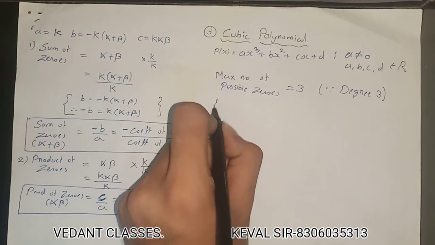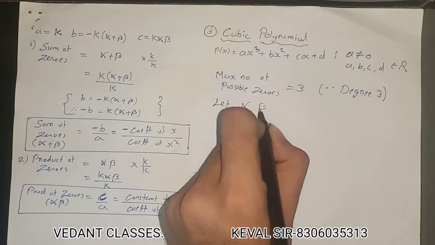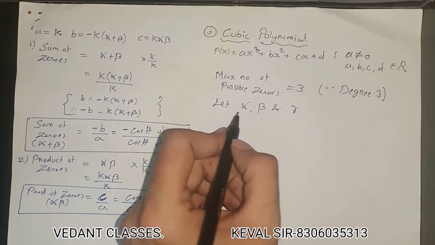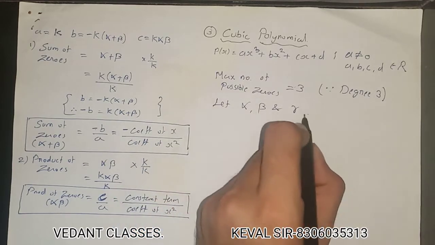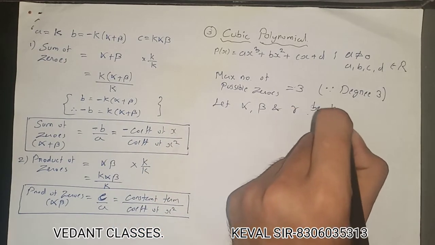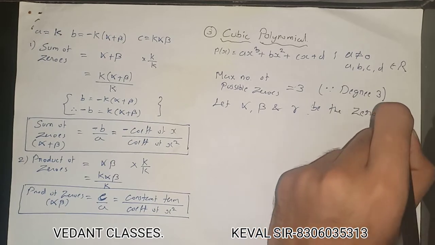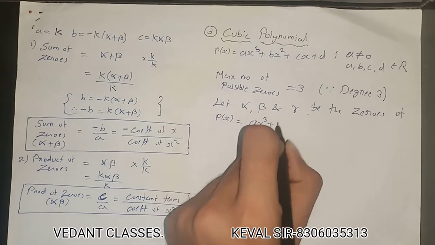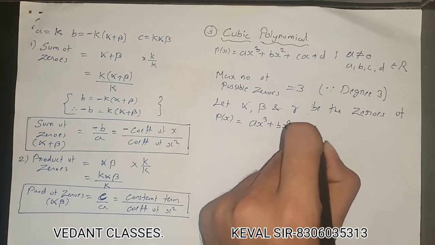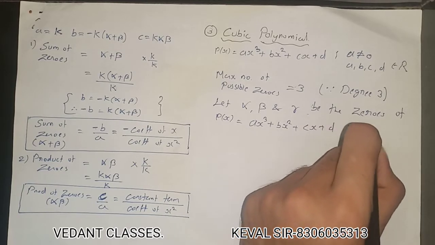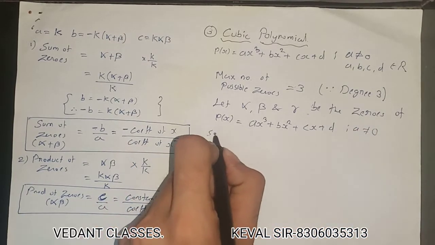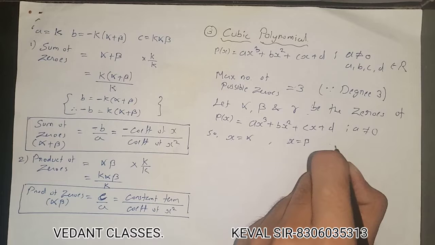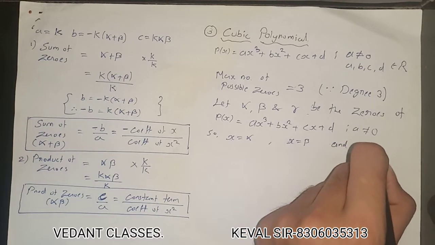So let alpha, beta and gamma be the zeros of p of x, that is equal to ax cube plus bx square plus cx plus d, where a cannot be equal to 0. Okay, so you can write x is equal to alpha, x is equal to beta, and x is equal to gamma.